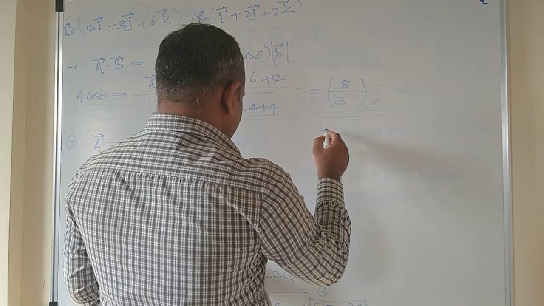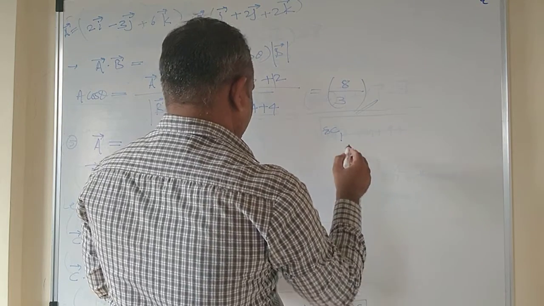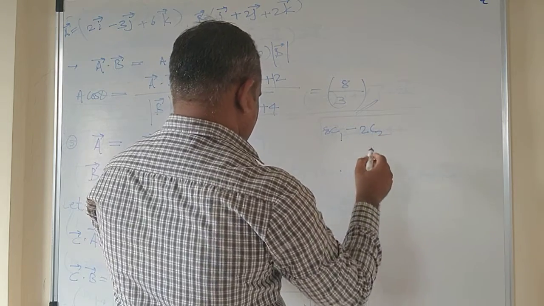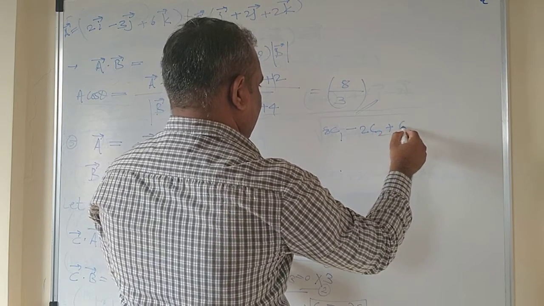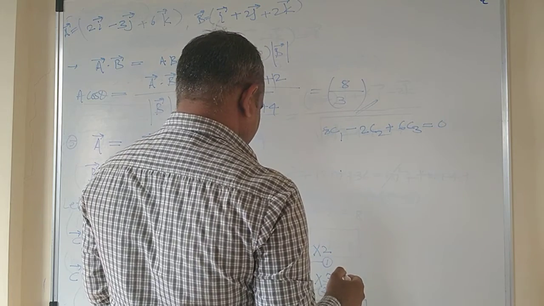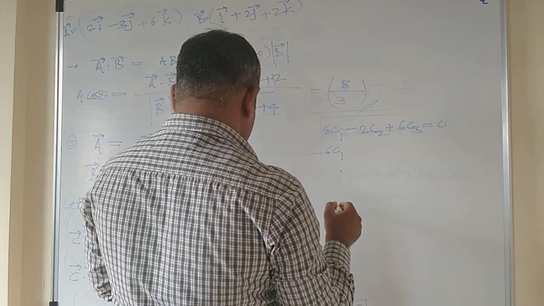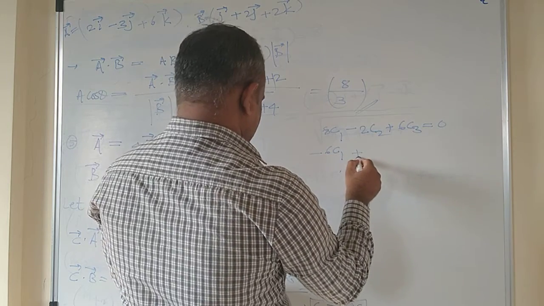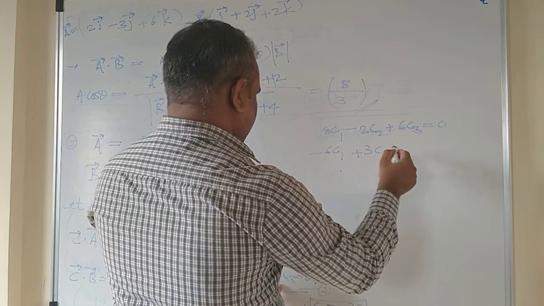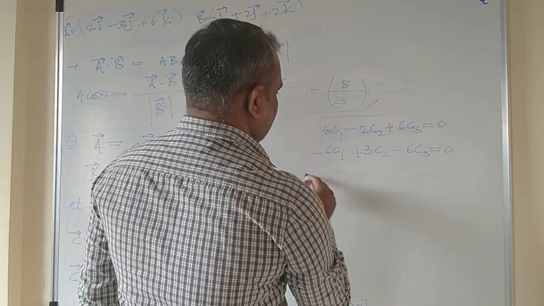So you will get 4 into 2 is 8 C1 minus 2 C2 plus 6 C3 equals to 0. And second equation is minus 6 C1 plus 3 C2 minus 6 C3 equals to 0.